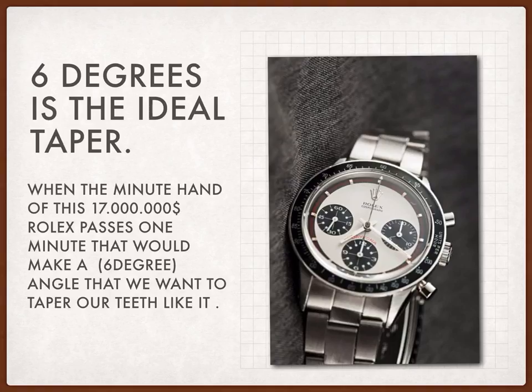Guys, from the 0 minute to 15 minutes we have 90 degrees, and from the 1 minute to the 5 minutes we have 30 degrees, and from the 0 to 1 minute we have 6 degrees, because as you know, from 0 minute to 15 minutes we have 90 degrees. 90 degrees divided by 15 will be 6, and that is 6 degrees.